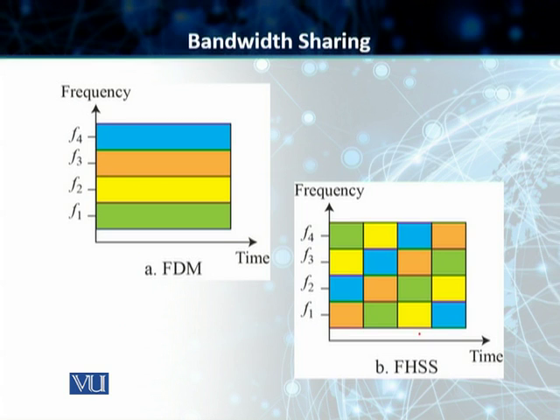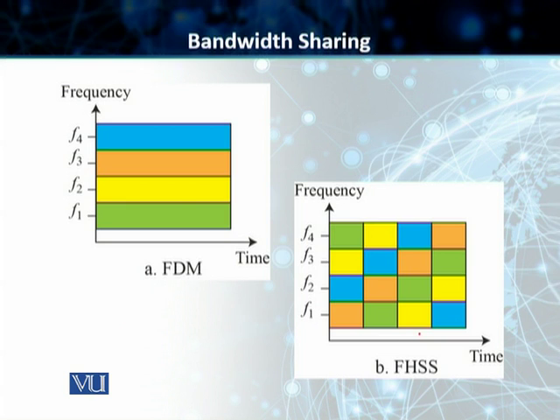Now, students, another concept in this particular case is bandwidth sharing. In the case of FDM, or frequency division multiplexing, that we have already studied, there are 4 distinct frequencies, and we can use these 4 frequencies to multiplex the FDM signal onto our line.